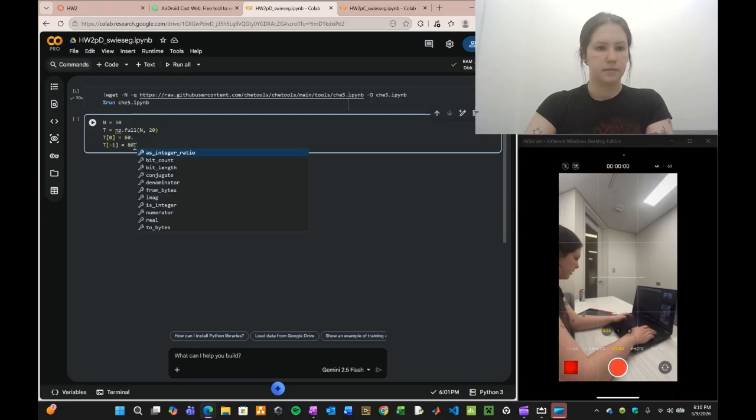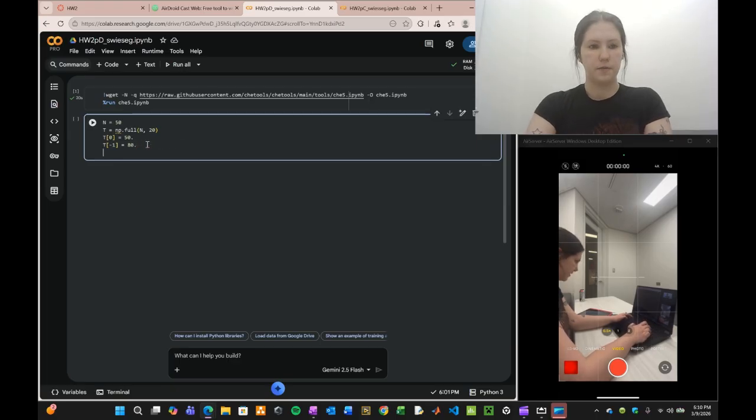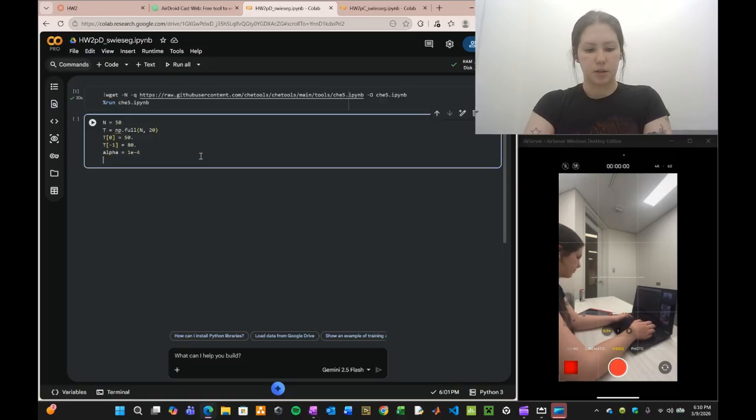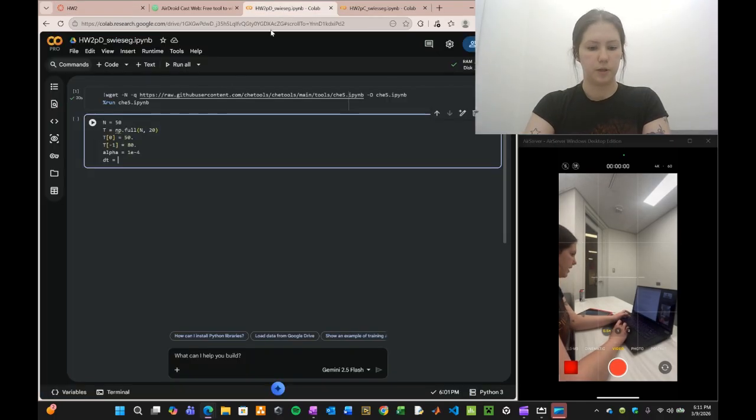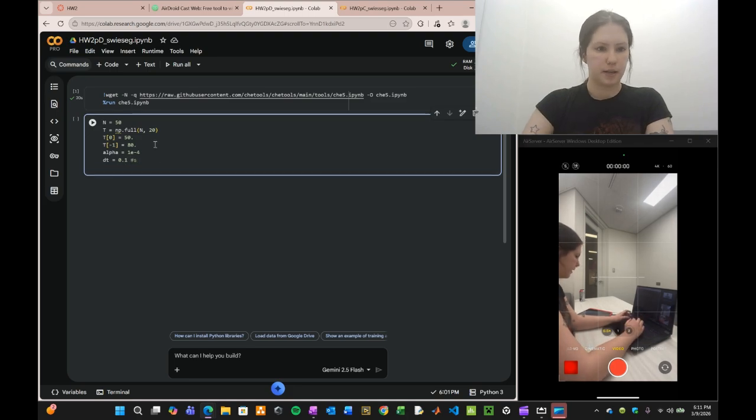And then we're also given an alpha value of 1 times 10 to the negative fourth. And our dt will be a time step of 0.1 seconds.